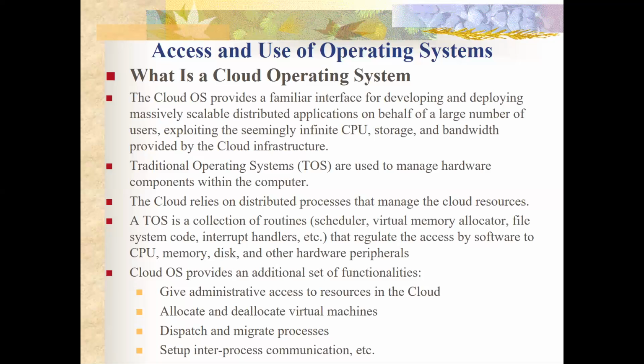Exploiting the seemingly infinite CPU. Actually, in reality, you have limited CPU, but because cloud computing connects so many servers, it makes the user feel you can use as many CPUs as you want. Storage bandwidth provided by the cloud infrastructure.